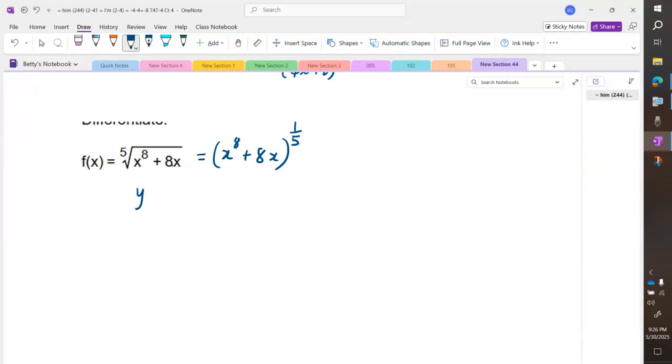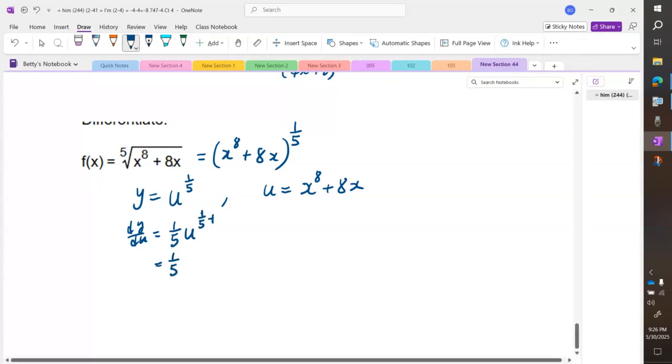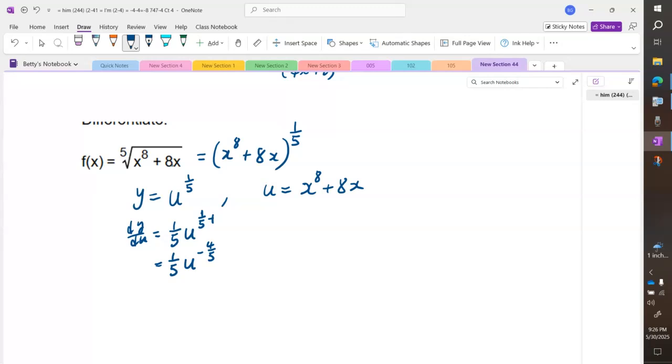If you like, y is u to the power 1 over 5, the outside function, u equals x to the power 8 plus 8x, the inside function. dy du is 1 over 5, u to the power of 1 over 5 minus 1, 1 over 5, u to the power of negative 4 over 5, 1 over 5 minus 5 over 5.